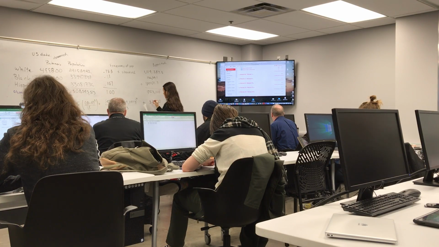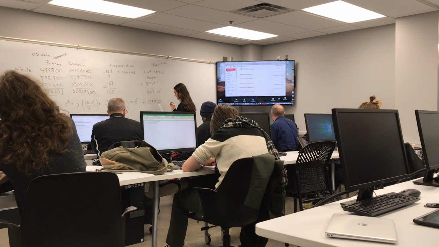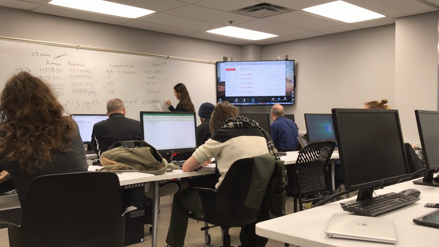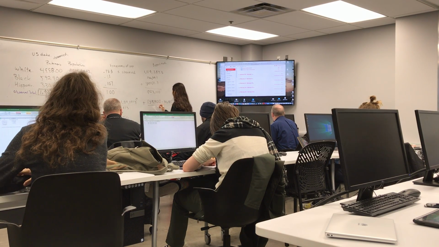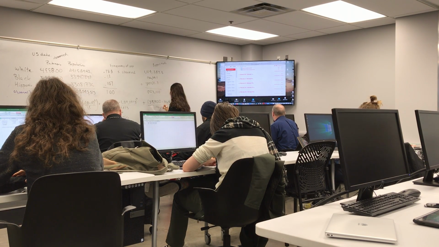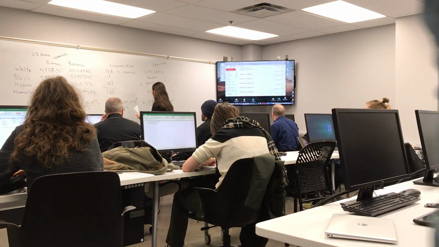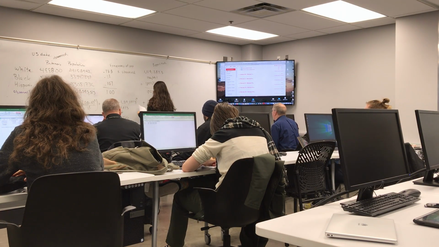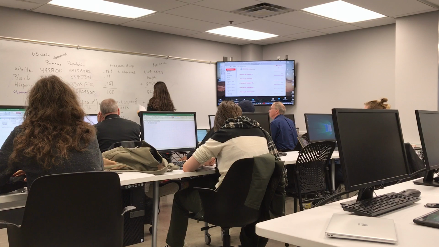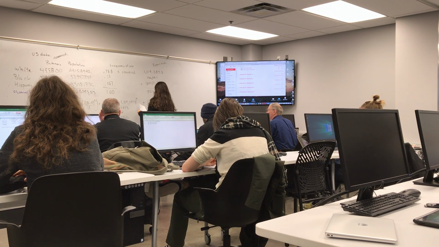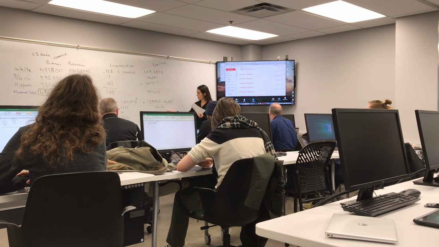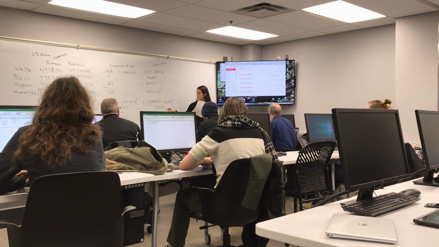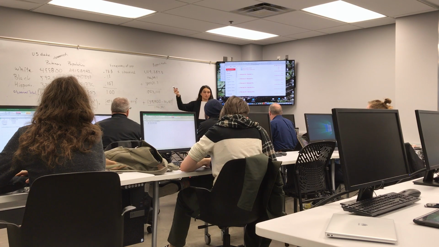I'm doing the same equation for the black prisoners. This number means that there are more black people in prison relative to the population.